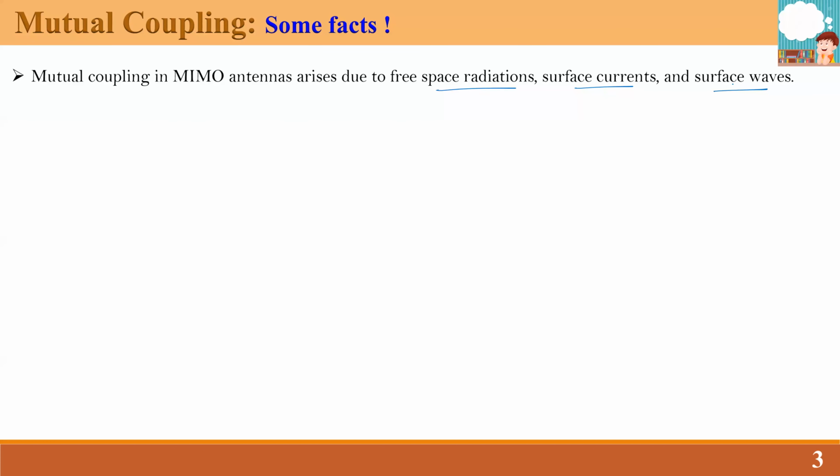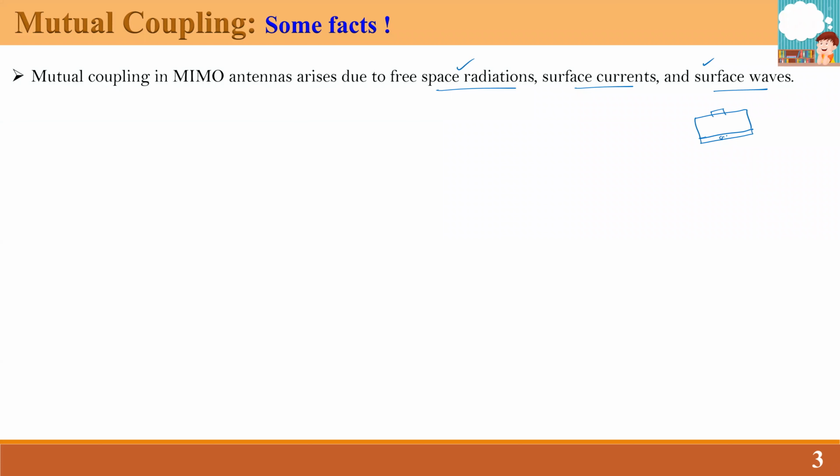Now, if I consider each individually, the space radiation, the surface waves, or the surface currents, to some extent you can call space radiation a space wave. So what is the difference between these two? The difference is very straightforward. If you have worked with any antennas, you will have some kind of a model like this.